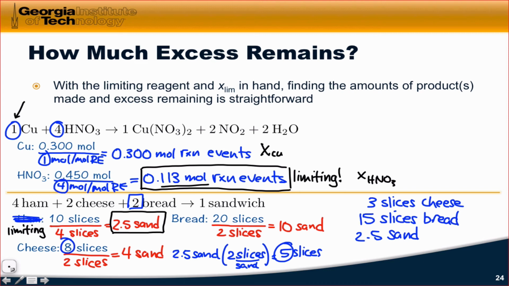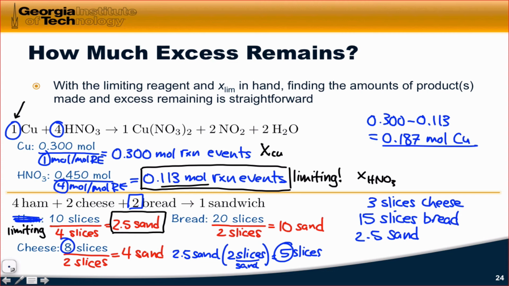And so we can subtract this from the starting number of moles of 0.3 for copper to determine that at the end of the reaction we're going to be left with 0.3 minus 0.113, which is 0.187 moles of copper left over at the end of the process.